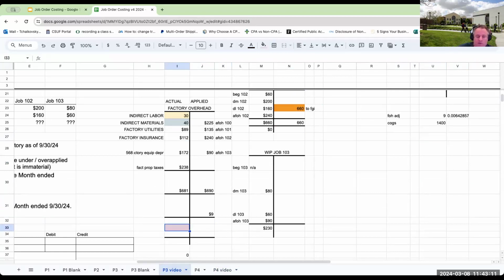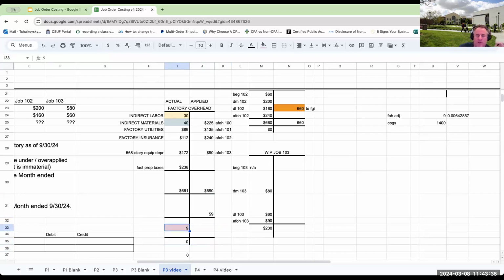So what do I do? Well, I have to make factory payroll and factory overhead both go to zero. How do I do this? I have a 9 credit balance. To make this go to zero, I need to debit factory overhead for 9. This now has a 0 balance.